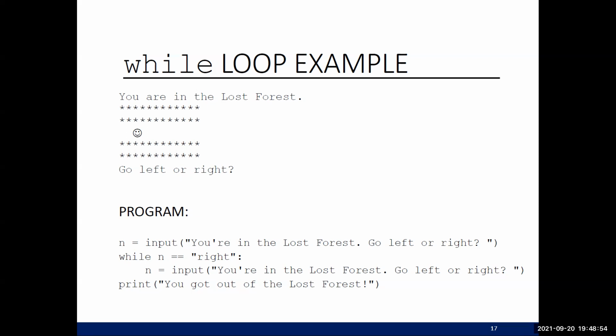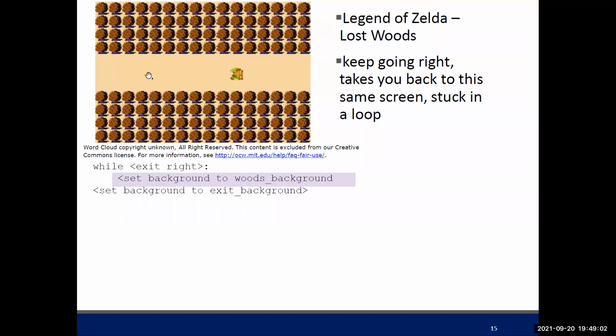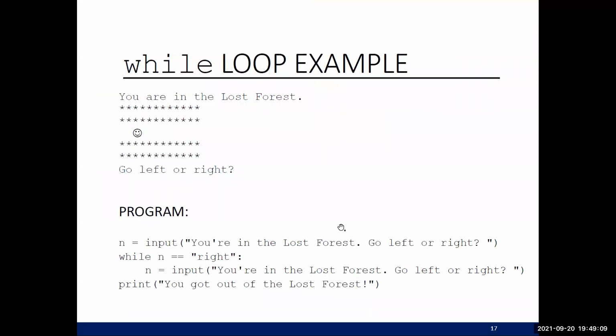Print you go out of the lost forest. So you remember at the first one here, we said if we keep going right, we'll go into an endless loop. Here, we give a condition to go left or right. Since n is equal to right, you will repeat this operation. Once n equals left, then the program will stop.